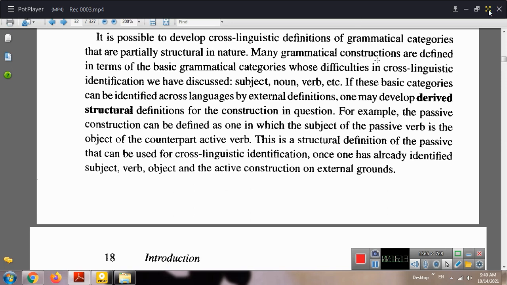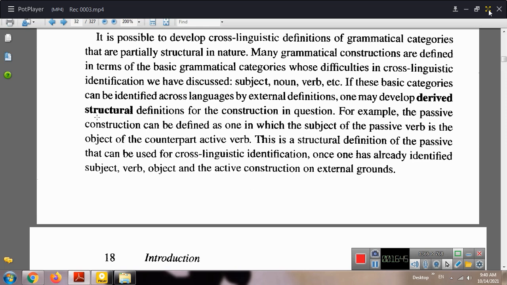Many grammatical constructions are defined in terms of the basic grammatical categories whose difficulties in cross-linguistic identification we have discussed: subject, noun, verb, etc. If these basic categories can be identified across languages by external definitions, one may develop derived structural definitions for the construction in question.